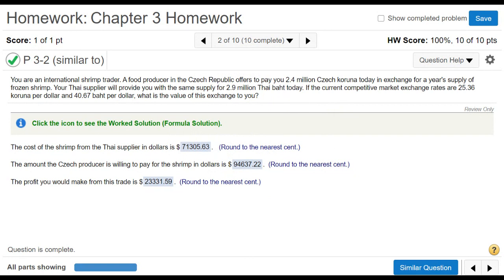Their currency either loses value or gains value. If it loses, he wins. If it gains, it's the other way around. And he's also looking at it on your side: are your dollars gaining or losing? So that's what this wheeling and dealing is about. That's what this whole class is about.